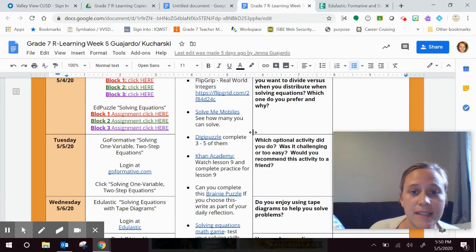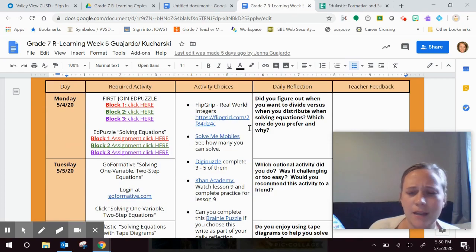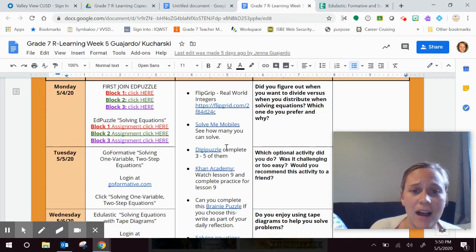Looking at our choice activities for this week, you still have your Flipgrid. If you haven't done that yet, you can go on and add your video.